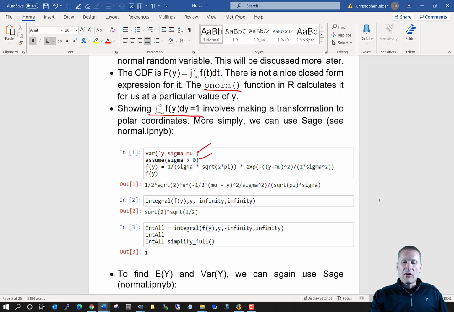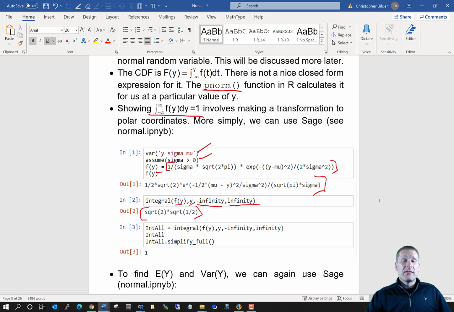Then I can type in, and you have to be very careful with all your parentheses, what that PDF actually would be. And then if I simply ask to print it off, here we go. Let's now find the integral of f of y. I'm going to integrate with respect to y from negative infinity to positive infinity, and Sage gives me back square root of 2 times the square root of 1 over 2.